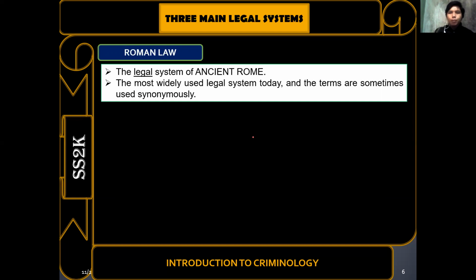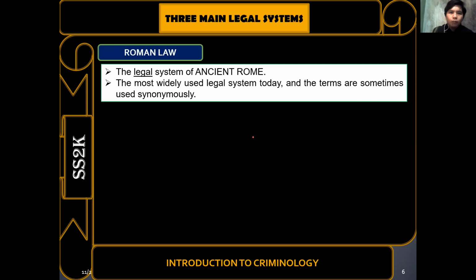Diyan po nakabase yung mga legal system. Kasi yun po ang ginagamit ng korte para sa pagdedesisyon kung yung isang tao ay criminal or hindi. Of course, saan ba nakabase yung penalty? Yung po sa batas, siyempre.